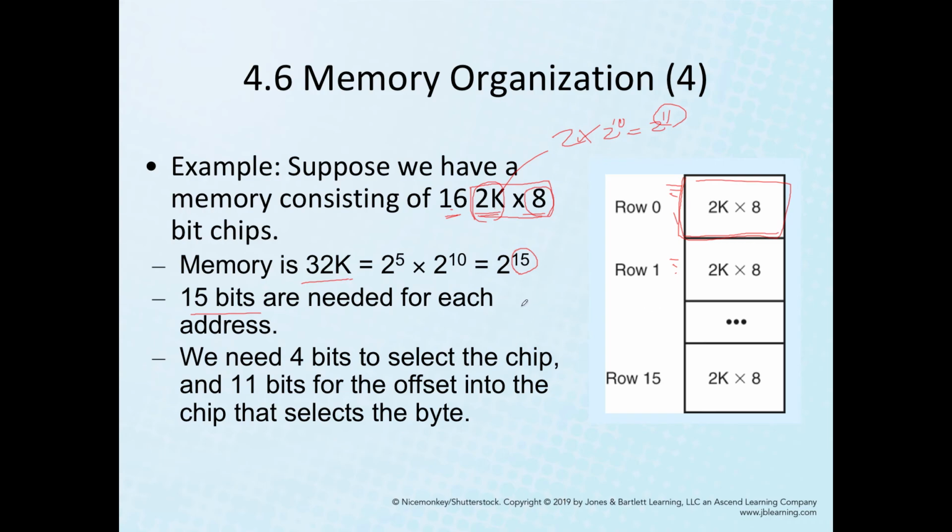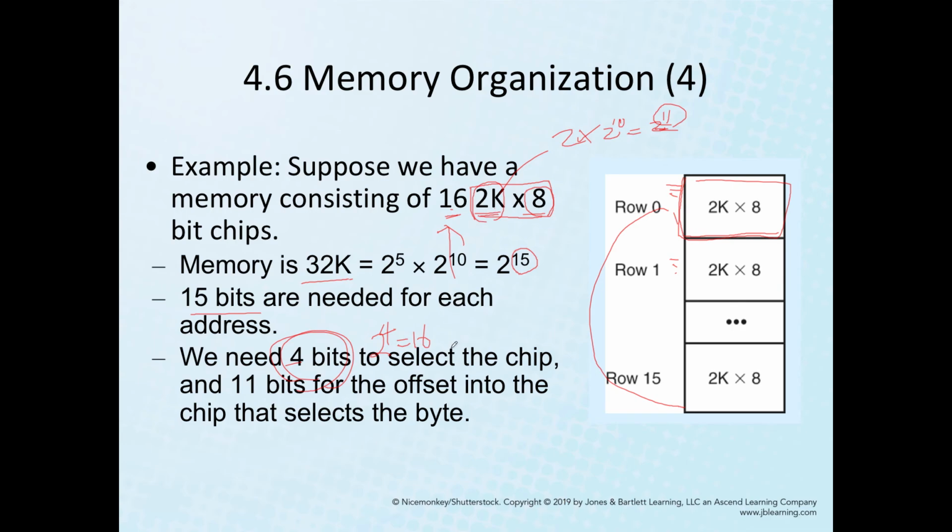The remaining 4 bits select one of 16 chips, since 2 to the 4 is 16. So using 4 bits, we choose one of 16 chips, and within the chips, we have 11 address lines together.